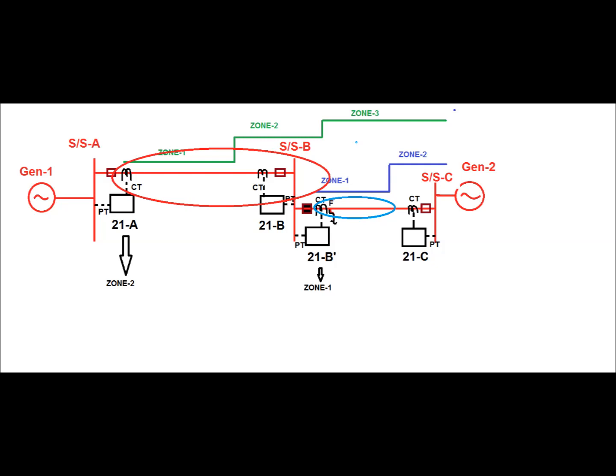Now zone 1 time is instantaneous and zone 2 time is 300 to 350 millisecond. Since the 21B dash relay will trip instantaneously and clear the fault, similarly 21C will trip the circuit breaker at zone 2 time, that is 350 millisecond, and clear the fault.